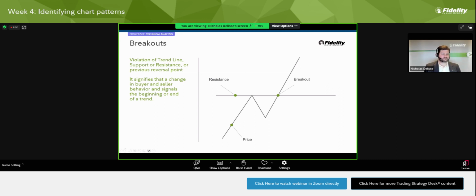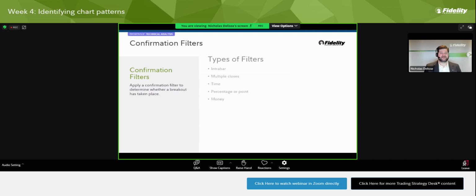Now, we also address different filters and such, and this becomes important. Do you enter when you see it break out intraday? Hey, it's in the middle of the day, it broke out, go ahead and buy. Or do you wait for a close above it?